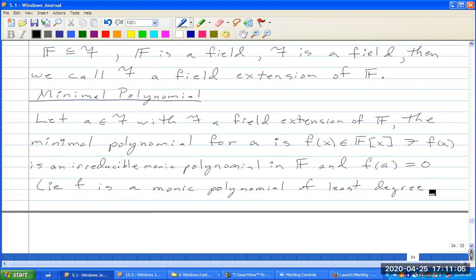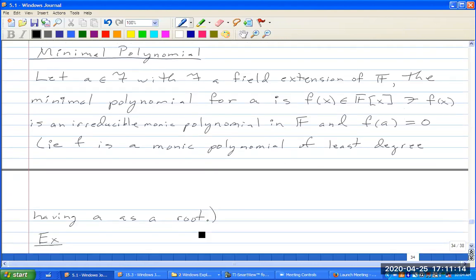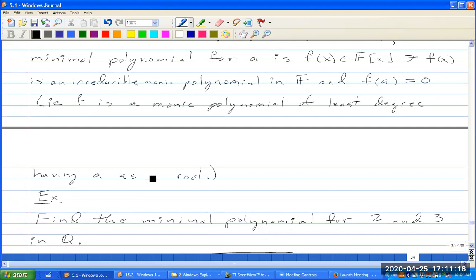In other words, f is a monic polynomial of least degree having A as its root. Actually sounds better, its root. Even though it's not the only root, but at least I don't have two A's there.